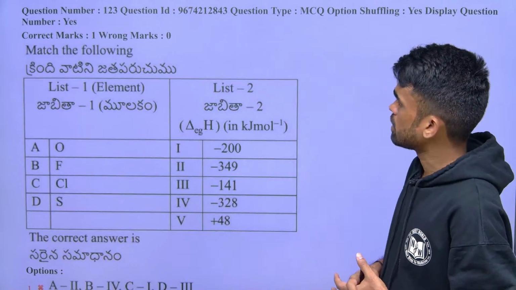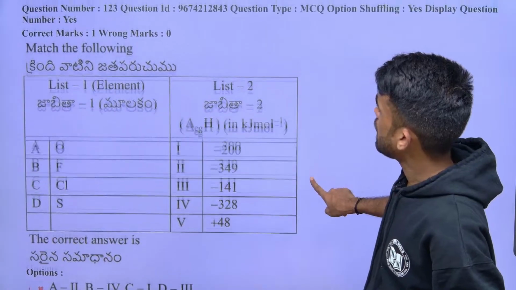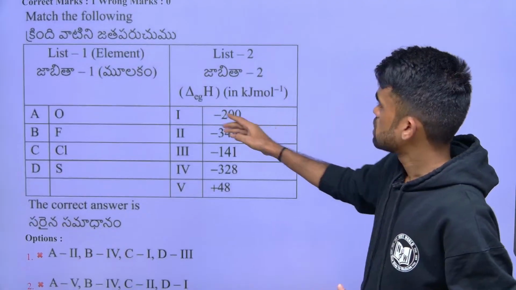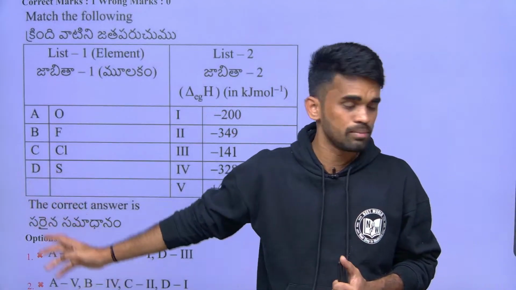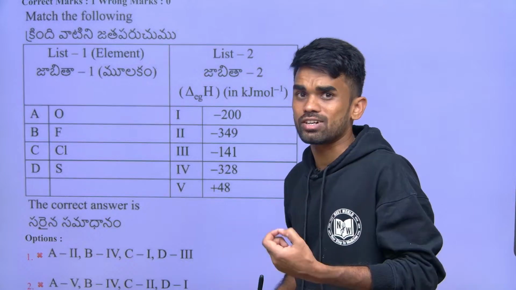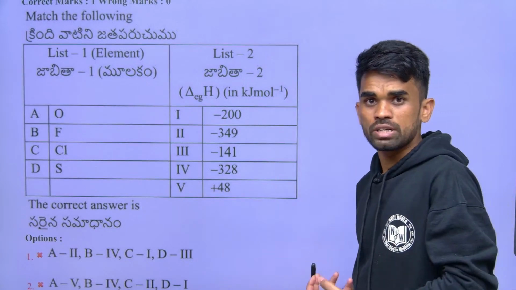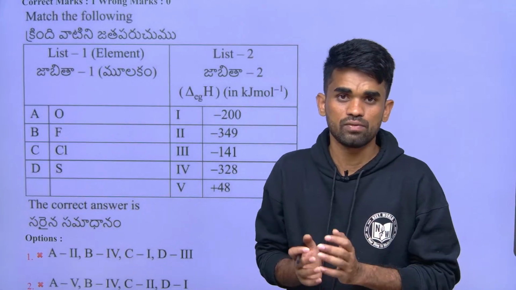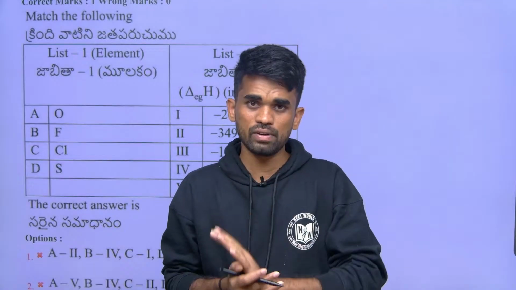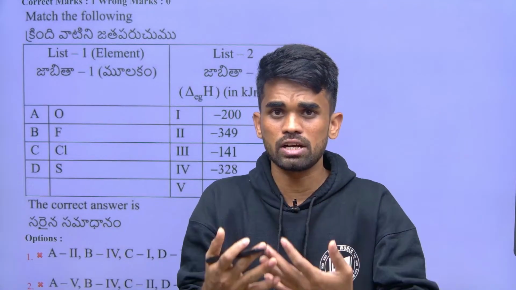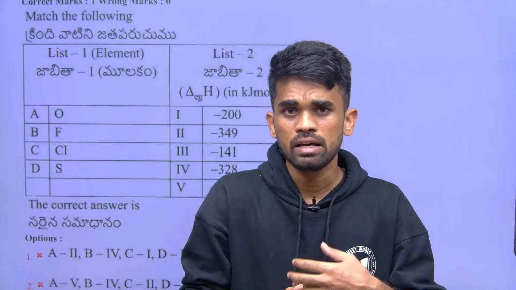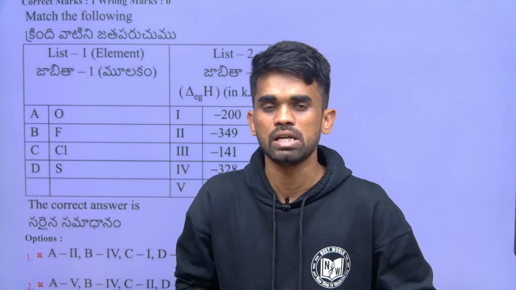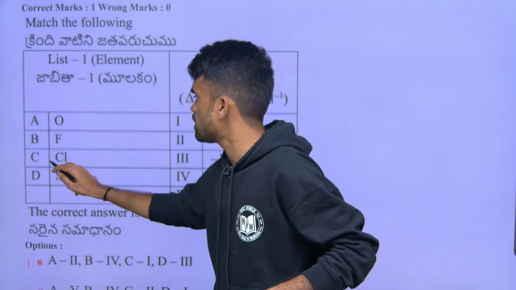Okay, the next question: they have given list 1 and list 2, and based on that we need to match them. Electron gain enthalpy is given for these elements. Tell me which element has more electron gain enthalpy, which has more tendency to gain an electron? Halogens generally have more electron gain enthalpy than other elements in a particular period, and the highest electron gain enthalpy value in the whole periodic table is for chlorine, the most negative.